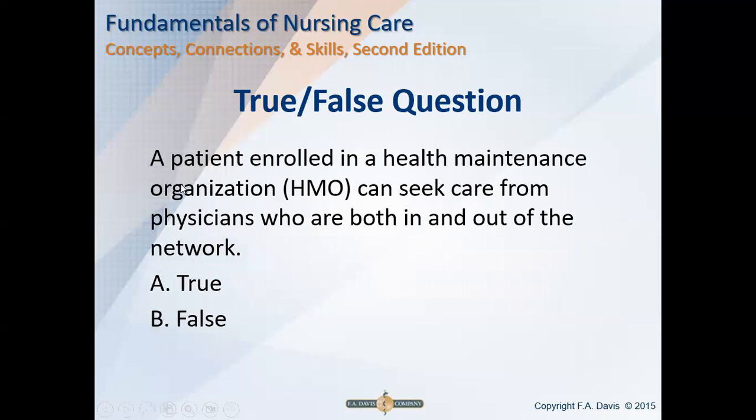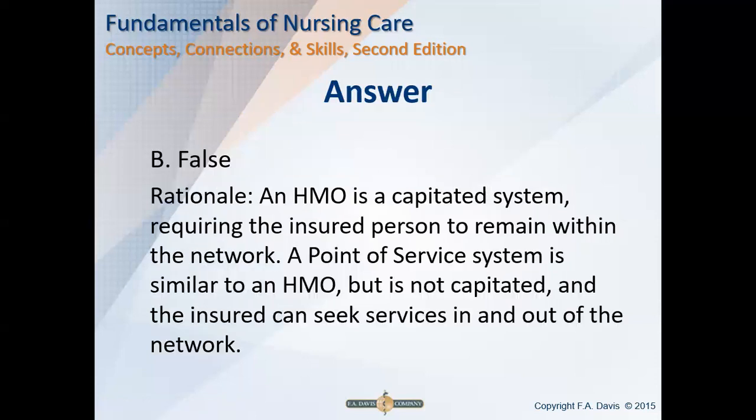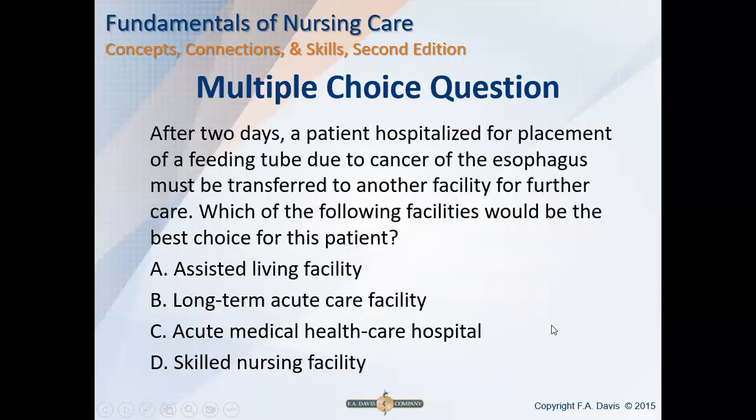Because a health maintenance organization is a capitated system requiring the insured person to stay within the network. A point of service system is similar to an HMO system, but is not capitated, and the insured can seek services in and out of the network.